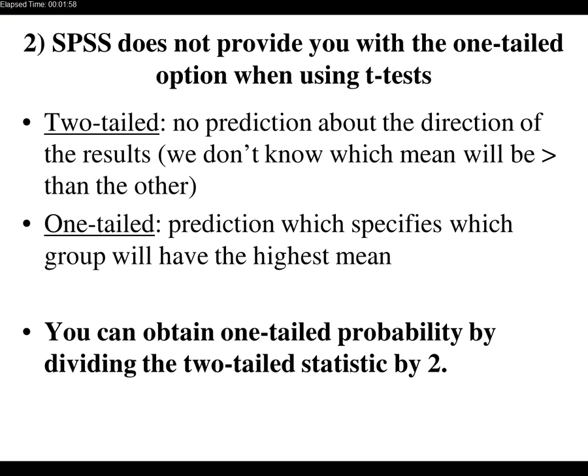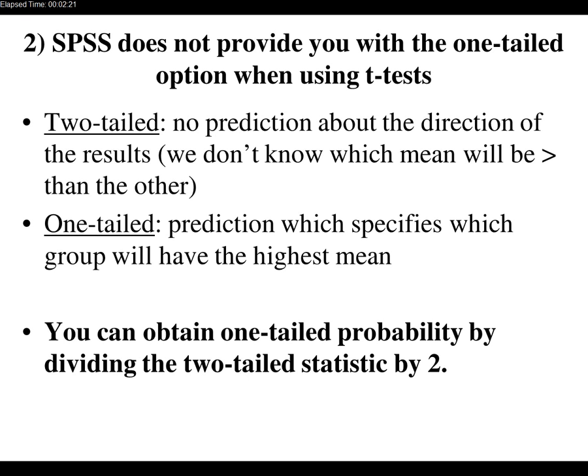The other thing is that people asked why in SPSS they could not find a one-tailed test when using the t-test, just the two-tailed test. Well, there is no one-tailed test in SPSS, and so two-tailed, as you recall, gives no prediction about the direction of the results.